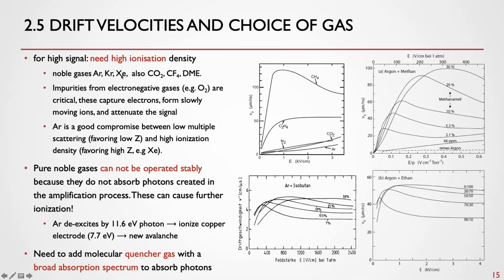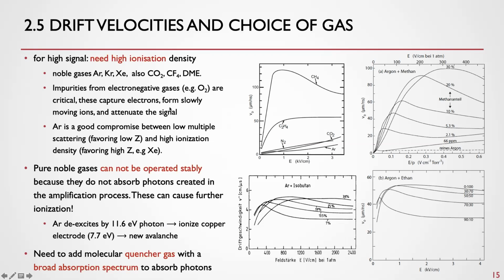As we've seen, xenon can be used even for photodetectors because it has a very high conversion probability. One can also use CO2, CF4, or DME. Something to avoid are electronegative gases.